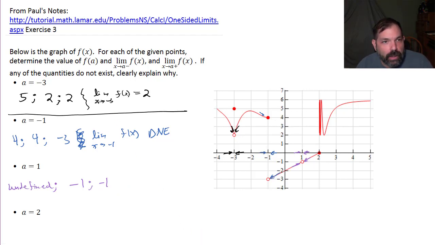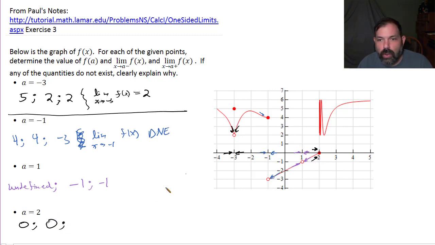And finally, if a is 2, then the function output is 0. The left limit, as I approach 2 from the left, the output is approaching 0. Now, as I approach 2 from the right, what's happening here? Is there a clear output here?